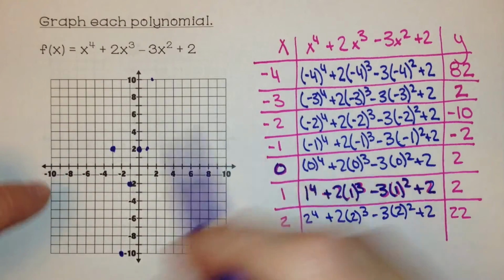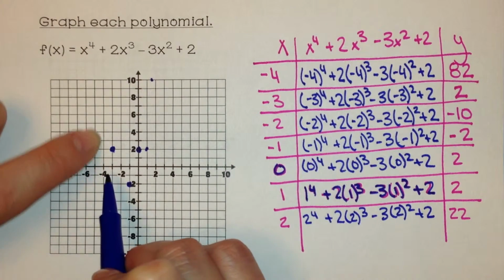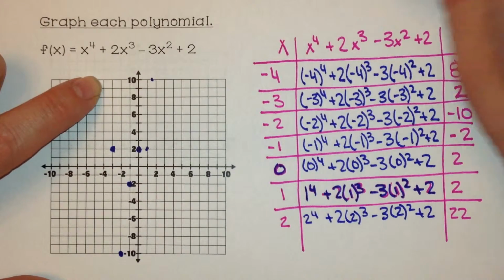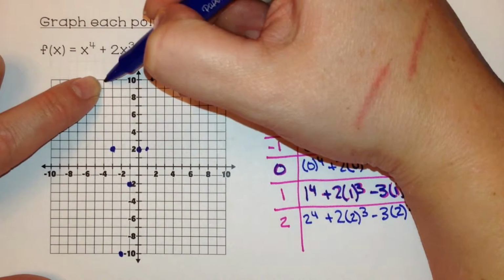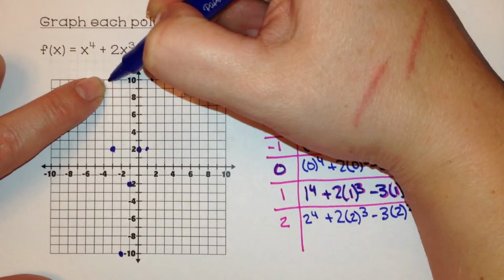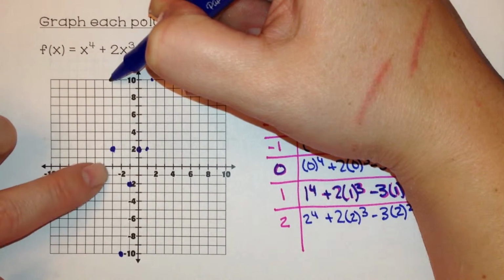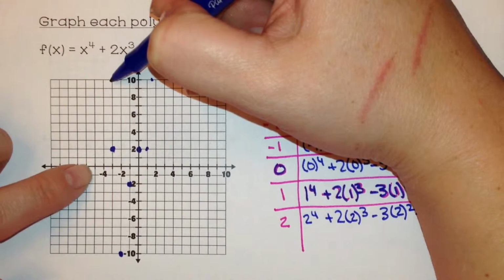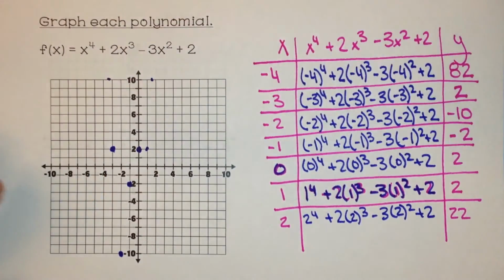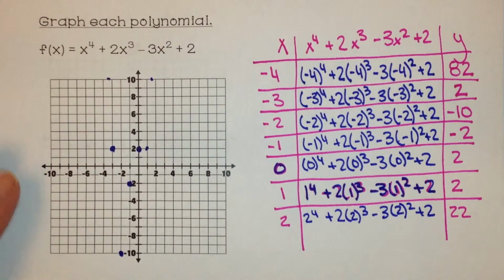I knew when x was -4, y would be 82. That means that it's way off the graph. So it goes through my graph closer to when y is 10, the x value over on this side would be closer to -3. So I'm going to say it approximately goes through right here, just so I can identify the point where the line goes through the graph.